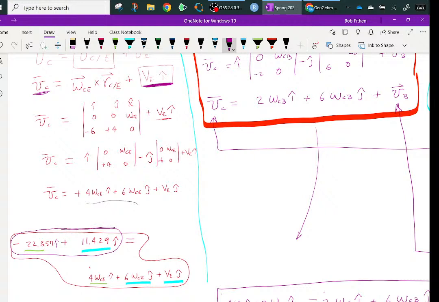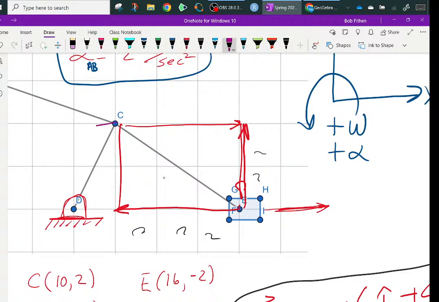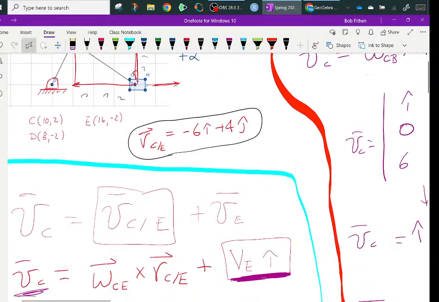I think I checked that out, and that seems okay. Moving back and up, that means this velocity is moving back and up. So it's going along that way, which is perfectly perpendicular to that. I'm okay with that.